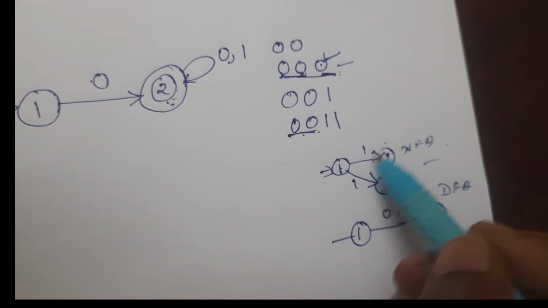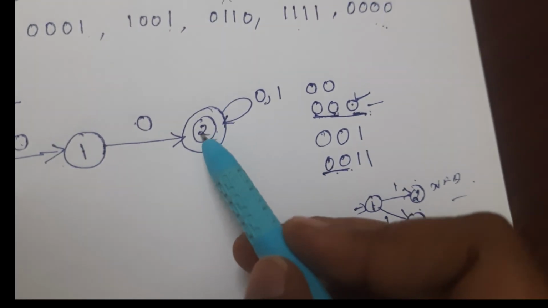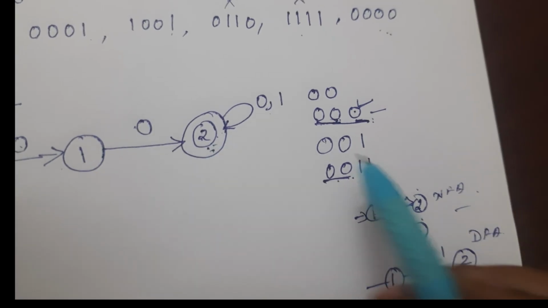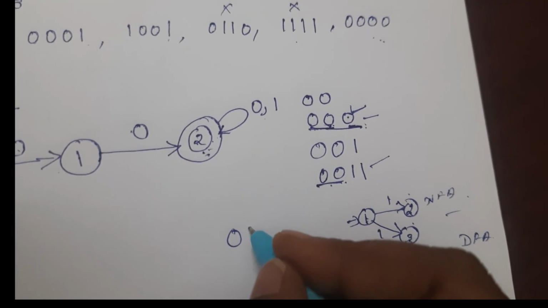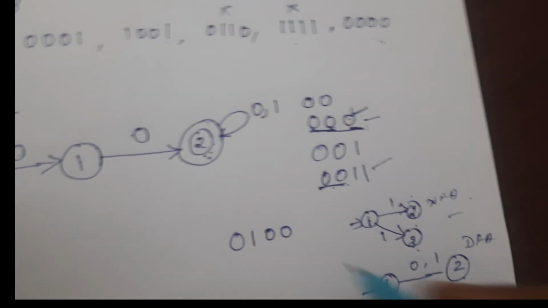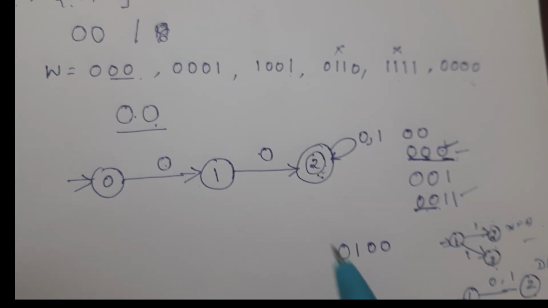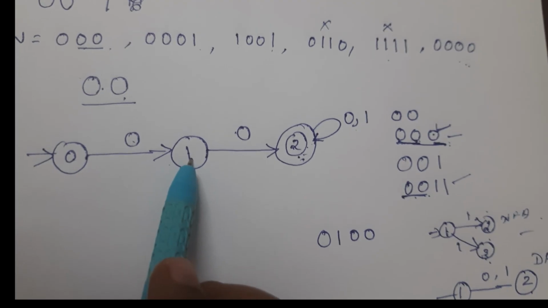Now this is not our topic of interest, this is our topic of interest. So I made it so that on the current input, either 0 or 1, it stays in the same state. So this is getting satisfied. What if I have 0 1 0 0? This is also to be accepted, right? So we'll change this a little. From this 0, upon 0 it will come here.